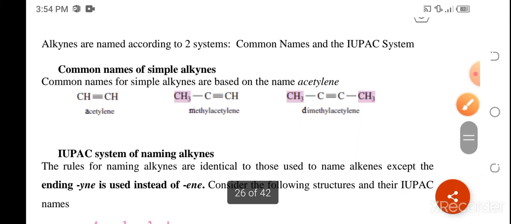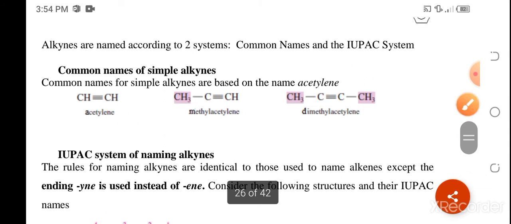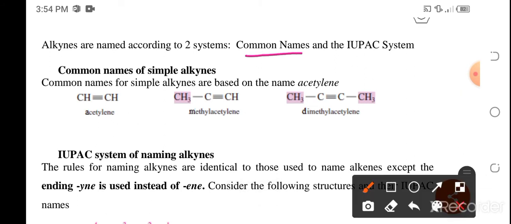Okay, there are two naming systems for alkynes. We have common names and the IUPAC system. For the common names, this is only applicable for simple alkynes, and the base name should be acetylene. So how is this done? The simplest alkyne is acetylene. It will have two carbon atoms.